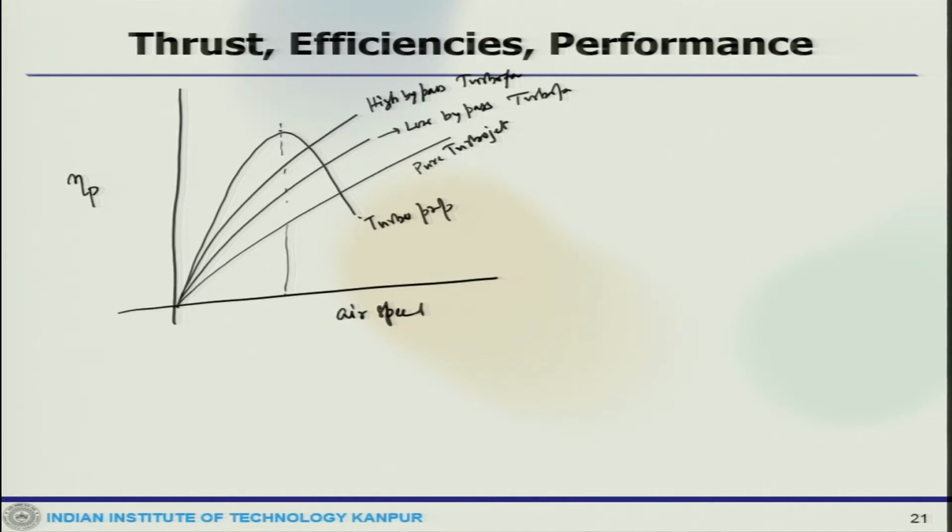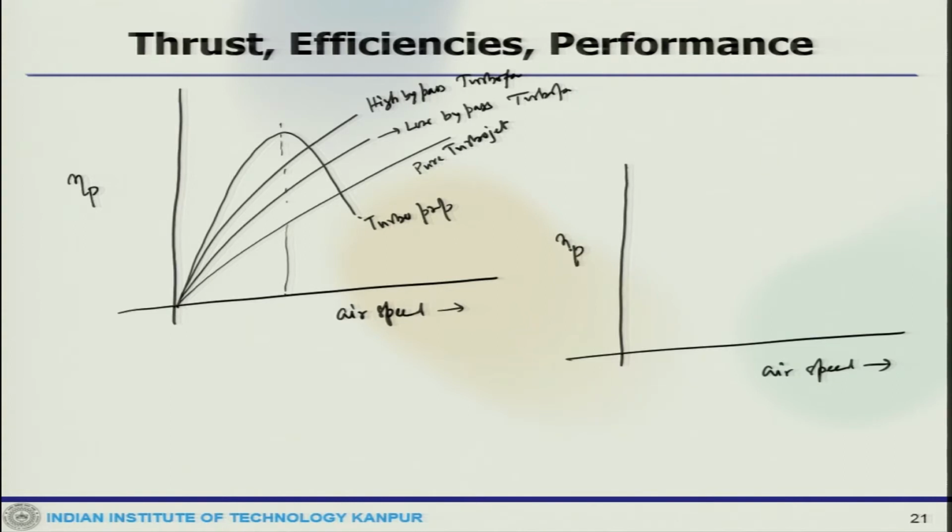You can see the propulsive efficiency is the maximum, but as we increase the airspeed this side, then obviously the propulsion efficiency of the turboprop engine drops, but at the same time the turbofan and turbojet propulsion efficiency goes up.